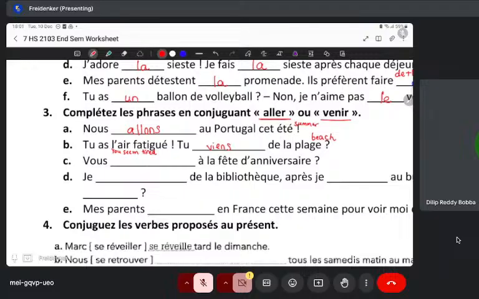Vous dash à la fête d'anniversaire. See, it's either aller or venir because the question directly gives aller or venir. Are you coming to the birthday? Fête d'anniversaire means birthday celebrations. So are you coming to the birthday celebrations?